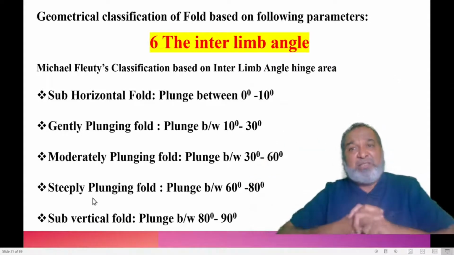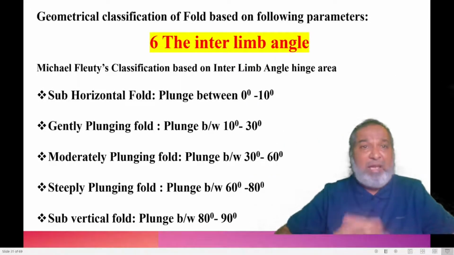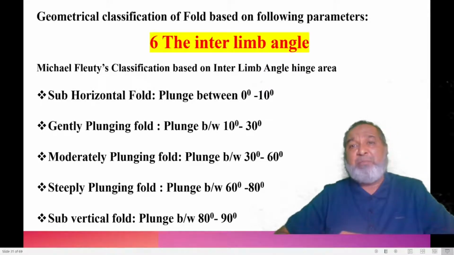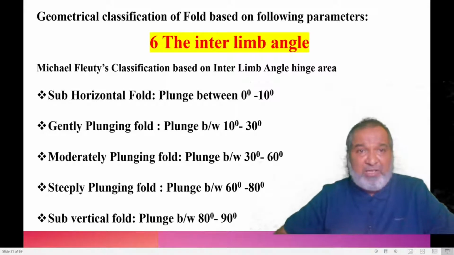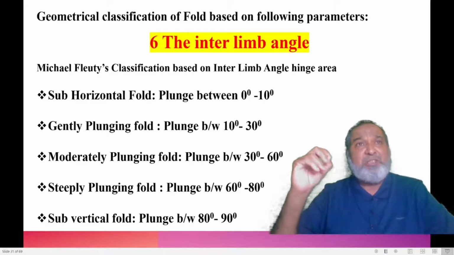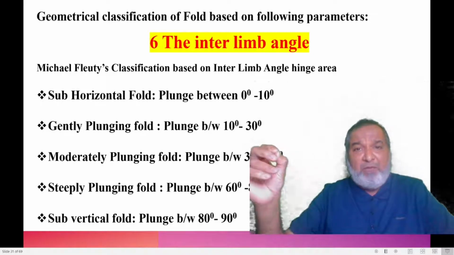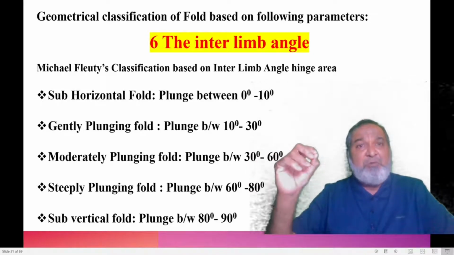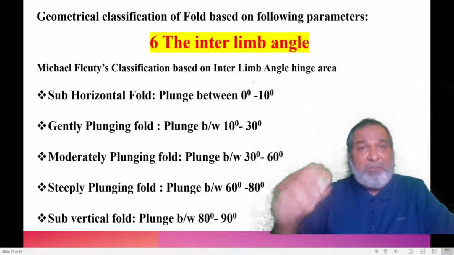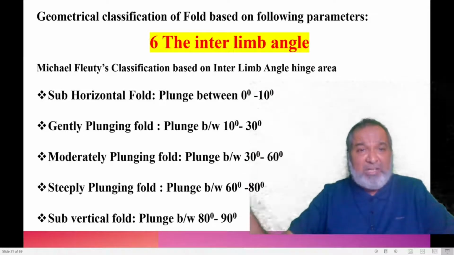This is number 6. It is an important one. Interlimb angle. Michael Foote's classification is based on the interlimb angle and hinge line. Sub-horizontal fold, where the plunge is between 0 and 10 degrees. Gently plunging fold, where the plunge is 10 to 30 degrees. Moderately plunging fold, between 30 and 60 degrees.